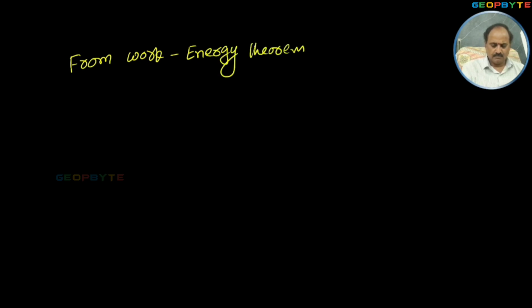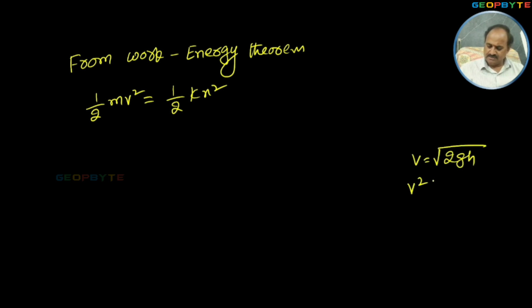From the work energy theorem, half mv square must be equal to half kx square. As you know, v equals root over 2gh, or v square equals 2gh. From this I can write half into m into 2 into g into h equal to half into k into x square.